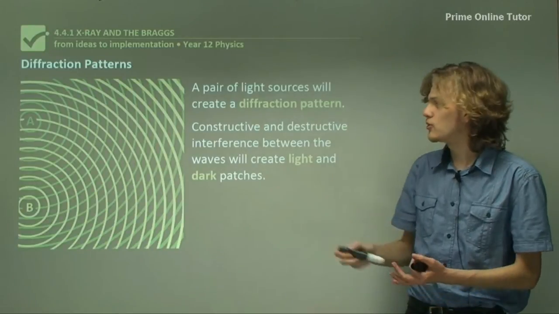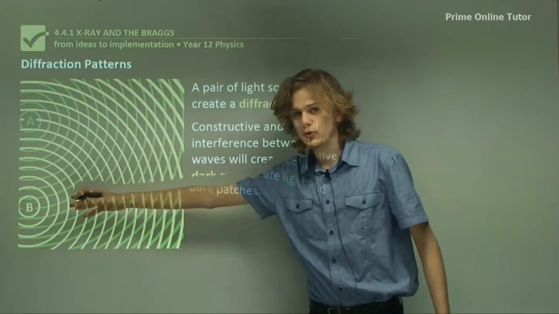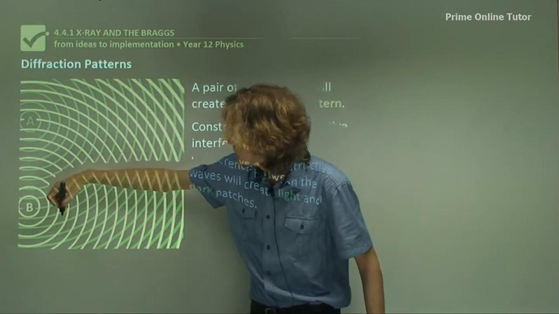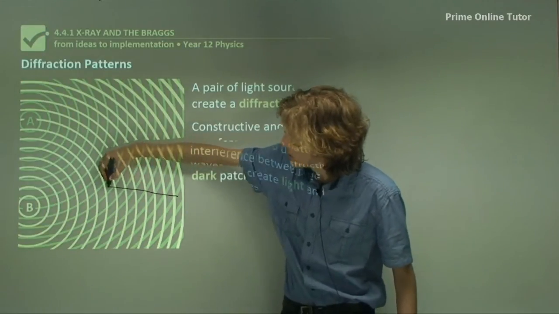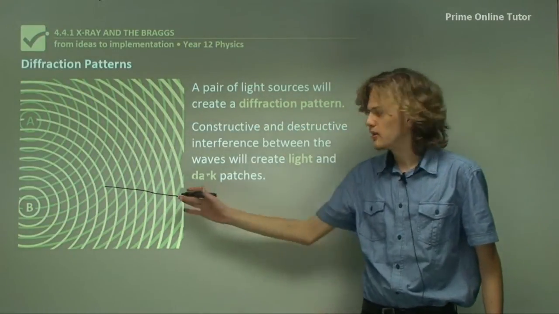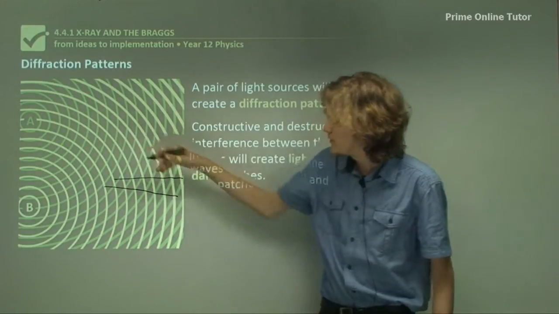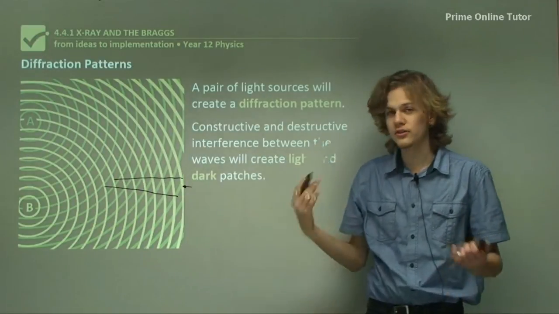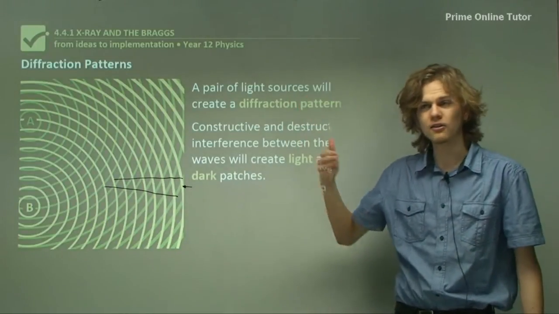If we look at this pattern over here, we can see that where the two different circles line up, we have these sort of lines coming out that we can see right at the edge here. In sections like this, there'll be constructive interference, and these patterns will seem lighter. Whereas in the middle there, there'll be destructive interference, and the patterns will be a lot darker. And so we get a sort of repeating light, dark pattern.